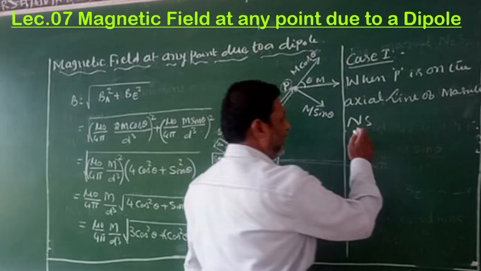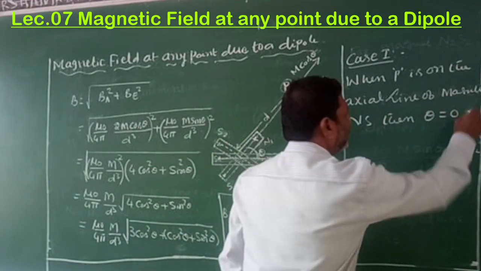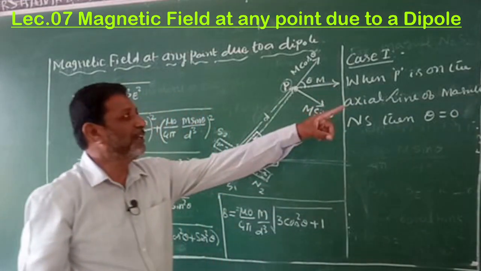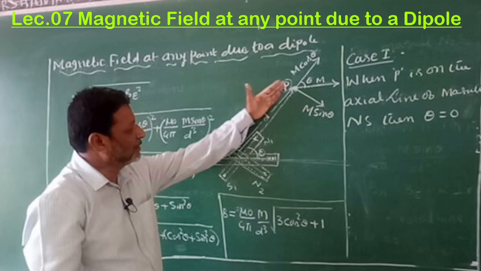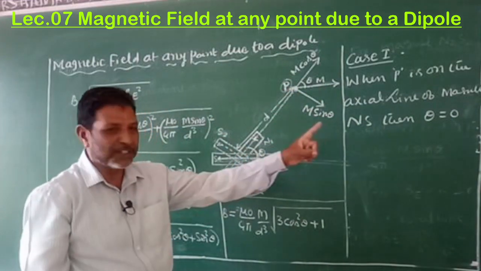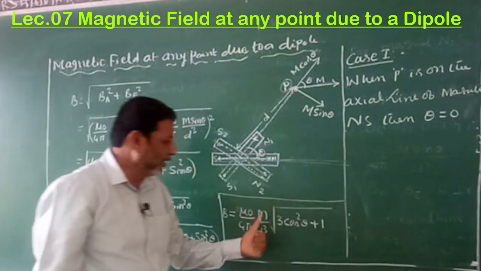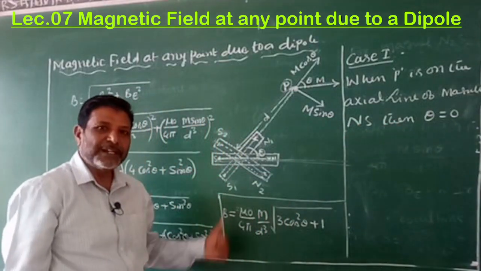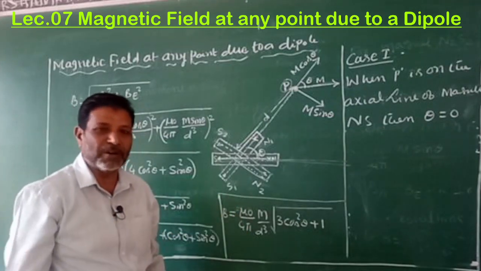On the axial line NS, theta is equal to 0. Now substitute theta equal to 0 in this general formula, then let us see whether you get the formula of the field on the axial line or not.